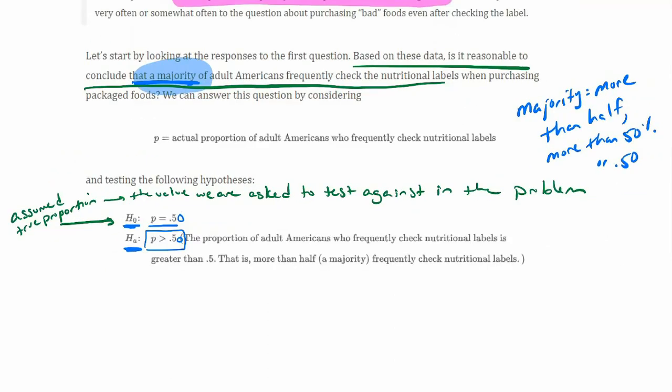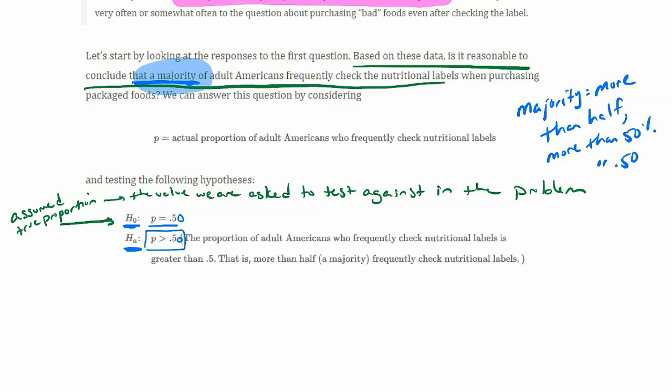This is usually the trickiest part of the hypothesis process, I think: really looking at the question and figuring out what value I'm testing against. When they say a majority, your H sub 0 is always going to be, well, we think that the true proportion is 50%. Majority means more than that, so H sub A is going to be P greater than 0.50.